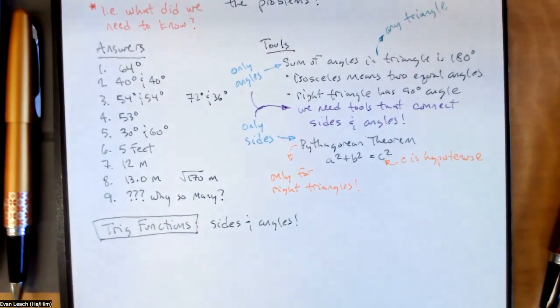Trig functions are going to involve sides and angles. We're going to start off looking at trig functions in right triangles.